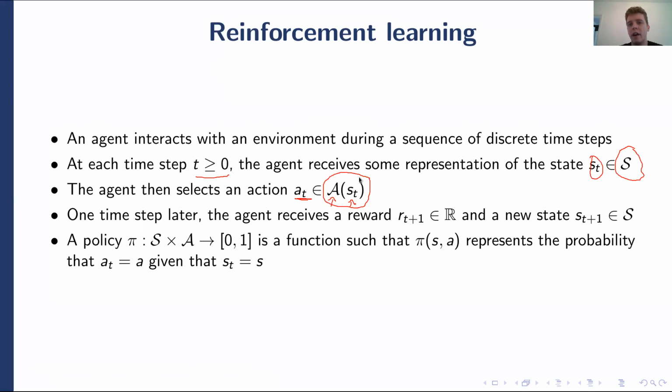This A of st is the set of available actions at a given state st. One time step later, so after the agent takes an action in a given state, the agent receives the reward rt plus 1. So in state st, the agent takes action at and observes reward rt plus 1.